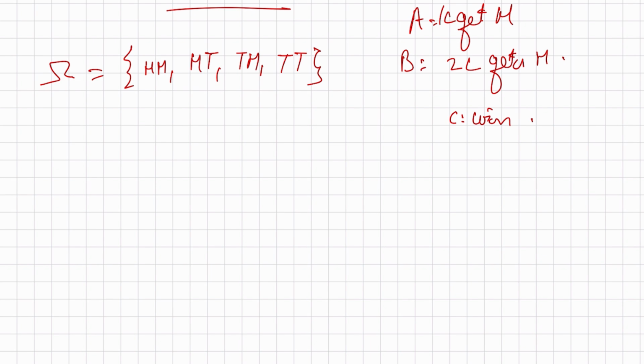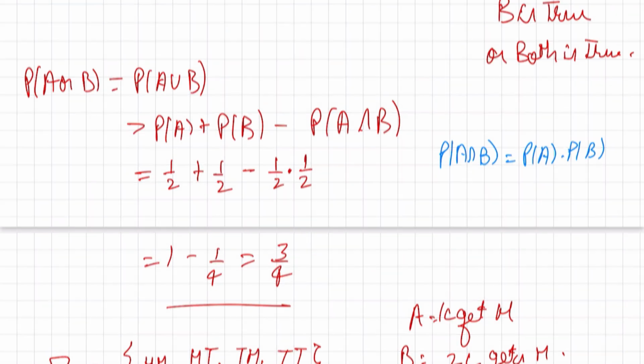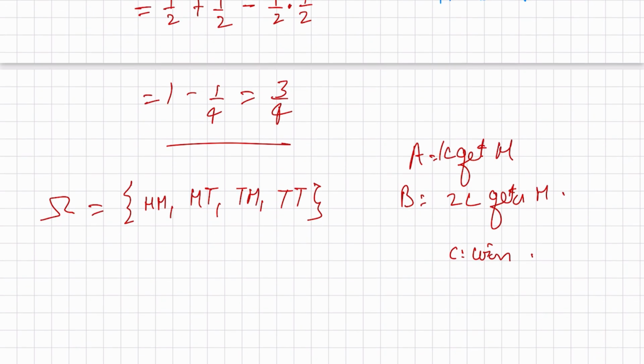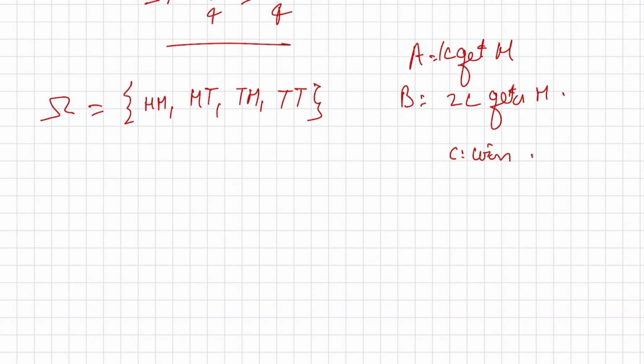A or B implies either A is true or B is true or both. The first coin gets heads: when is it true? This is true. The second coin gets heads: this is also true, and this is true here.